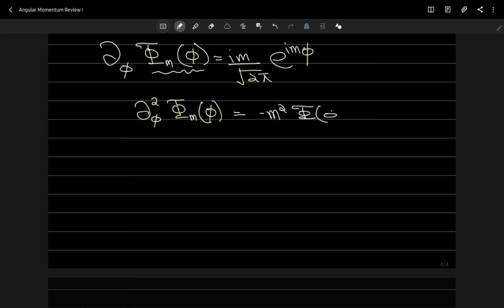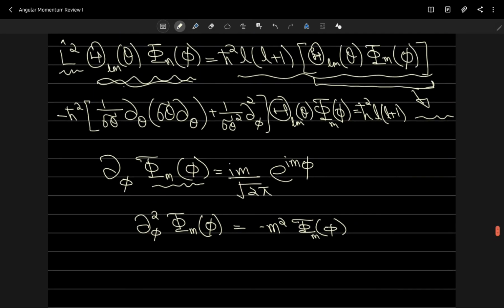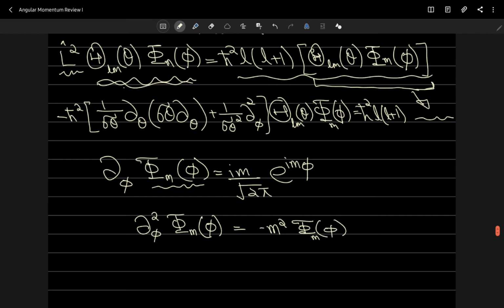We needed these derivatives because we have this operator acting on this function as well.